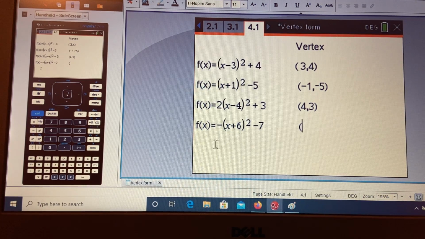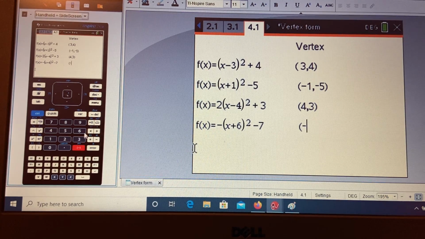There's no number there, so it's a -1. The negative is going to make the graph open down, but it does not change our vertex, so we take the opposite of +6 for our x value, and then our y value is going to be -7. And that's all there is to finding the vertex from the equation.